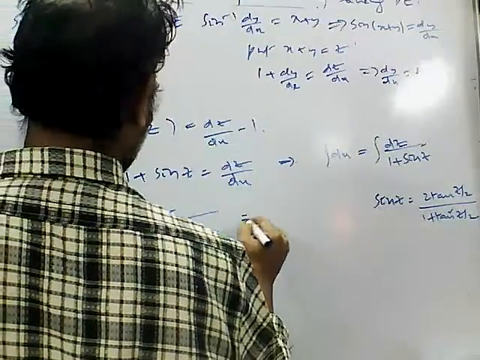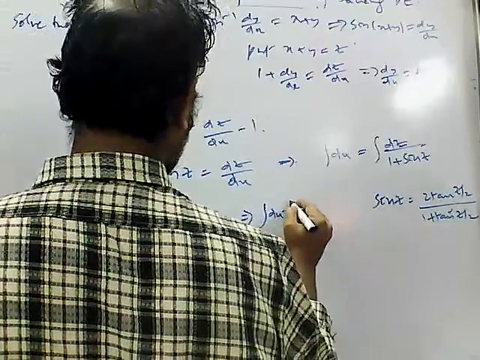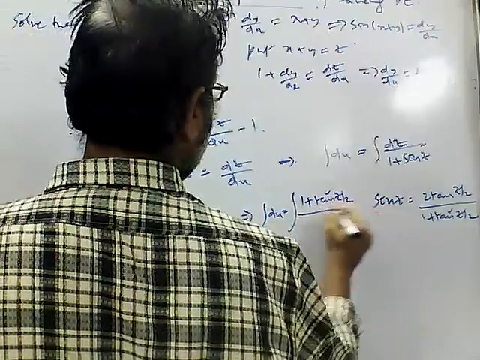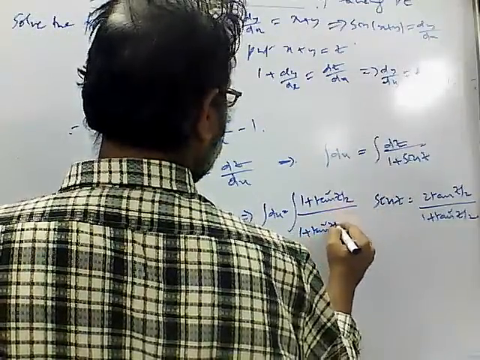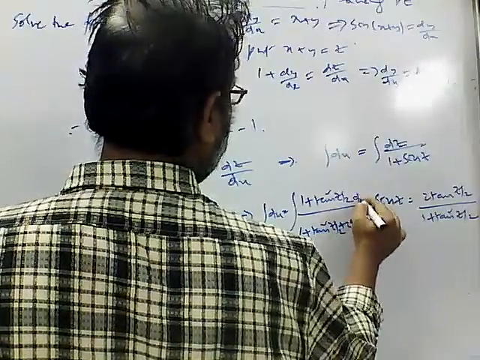That is, integral dx = integral (1 + tan²(z/2)) by (1 + tan²(z/2) + 2 tan(z/2)) dz.